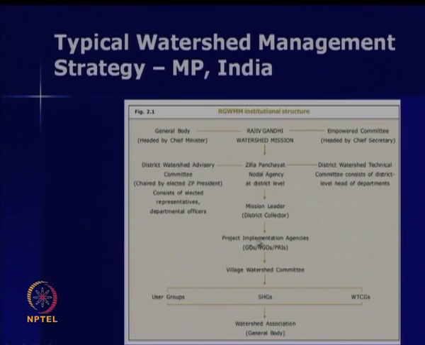Project implementation will be by government or non-government agencies, and can be through village watershed committees like user groups, water related user groups, and land related user groups, so that there is a watershed association which controls overall project implementation. That way we can develop and implement the watershed strategies.